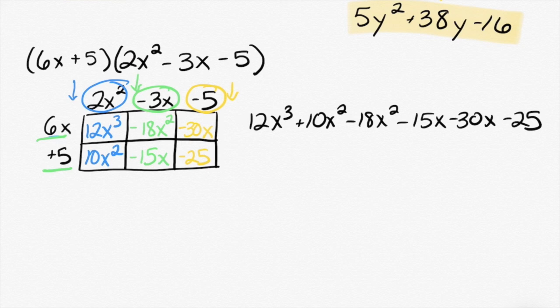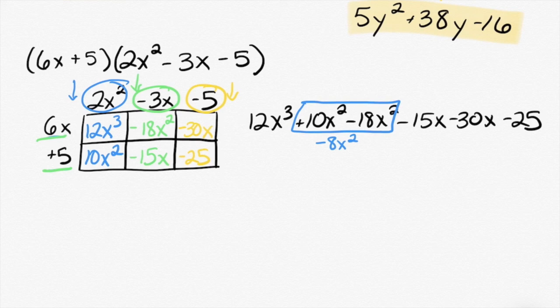But that's not how I'm going to write the answer because I see some things that I can combine. How about this? What does that give me a total of? Negative 8x squared. When you subtract or add, the exponent does not change.